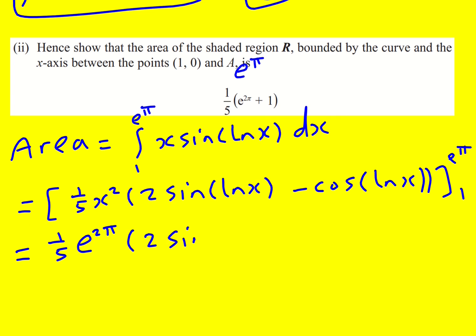Then it's going to be 2 sine ln e to the pi minus cos ln e to the pi. Then I'm going to minus the same thing when I substitute 1 in. 1 squared is just 1.